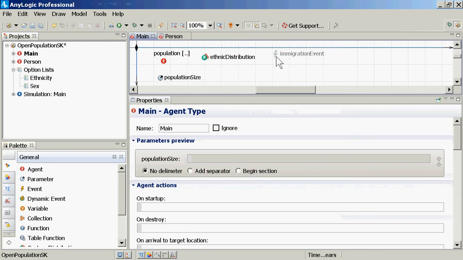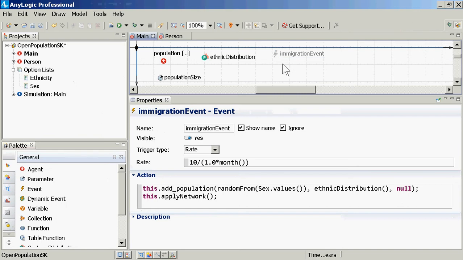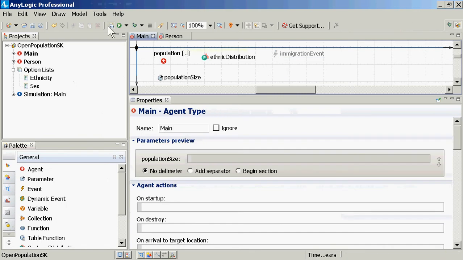We can actually disable portions of our model through this ignore, and it will temporarily just ignore it. Okay? So if you have something that's not quite ready, you want to show your model to someone, you're adding features in, you can ignore those new features and it'll be kind of nice. Okay? You could still show the rest. Okay. Ladies and gentlemen, we're going to ignore that immigration for now, but we're going to do something more significant.